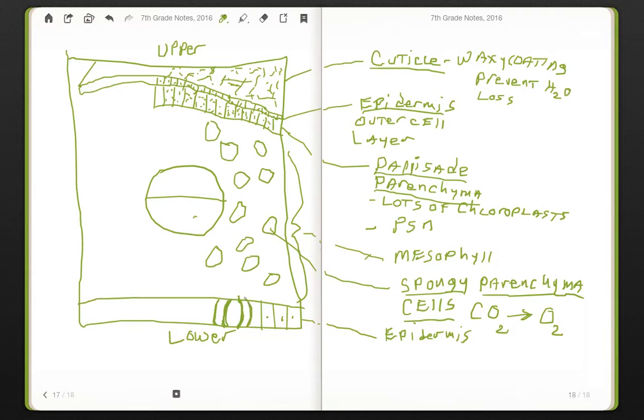They look like this. They're thick, and we're going to look at these in the lab. These cells right here, there's two of them. There's one cell here and one here, so they're right next to each other. Those cells are called guard cells.